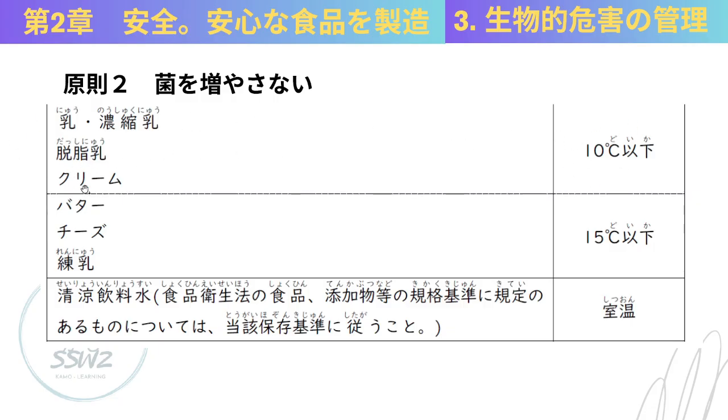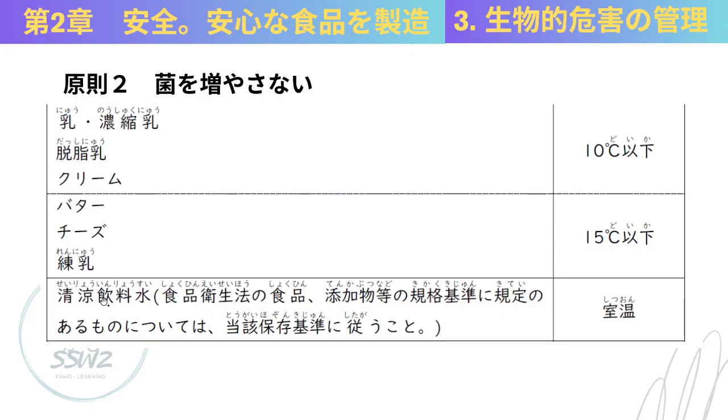This is for milk, oat milk and cream. Butter we can store at 15 degree. Cheese is about the same. Genuine, it is the same stuff as milk, but it needs to be condensed milk. So at 50 degree.